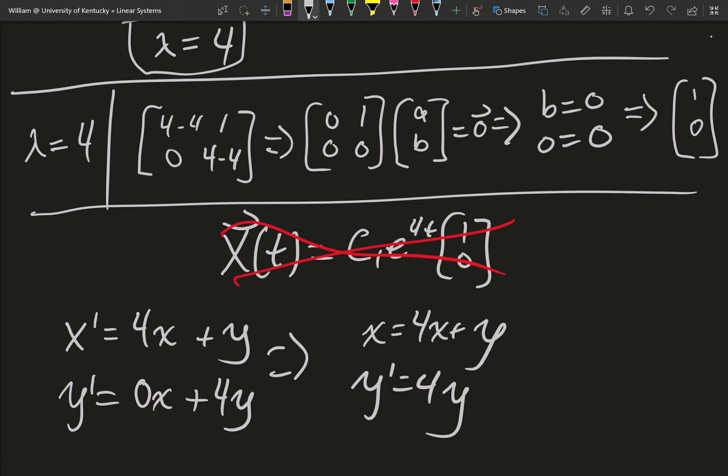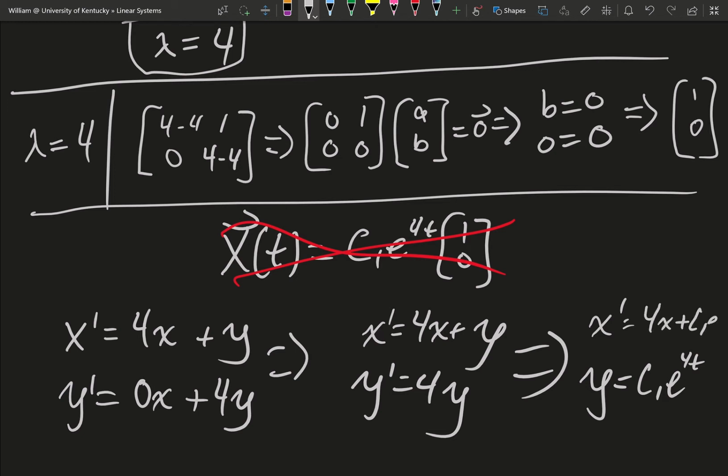From this y prime equals 4y, we know right away that y equals c1 e to the 4t. Very straightforward. Plugging that in, x prime equals 4x plus c1 e to the 4t.